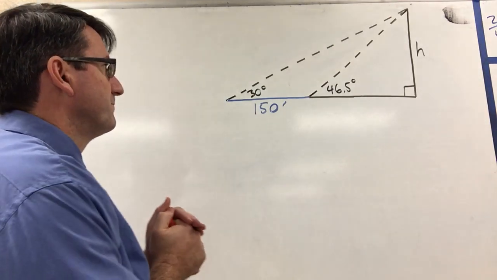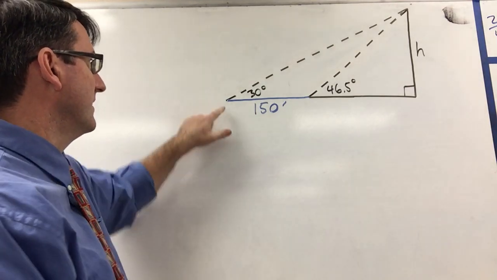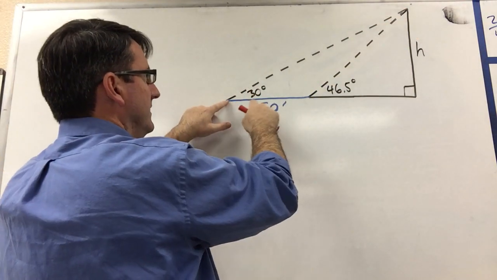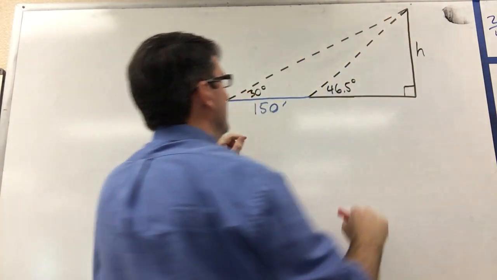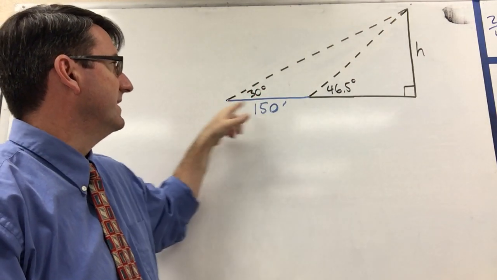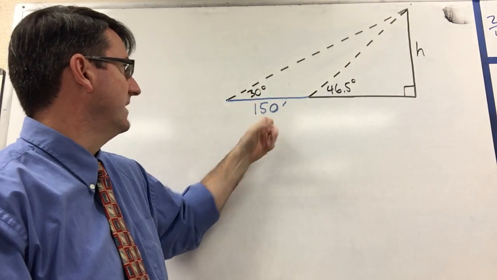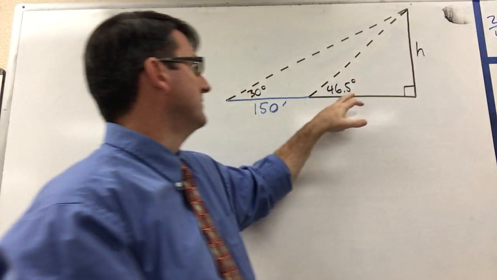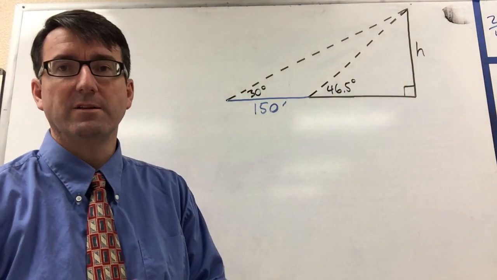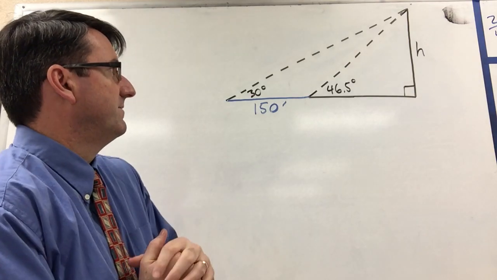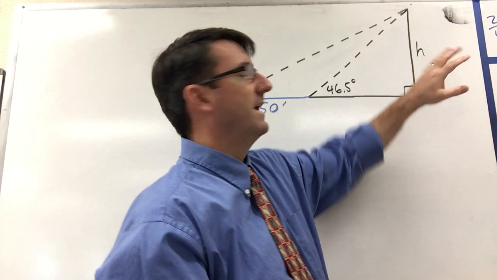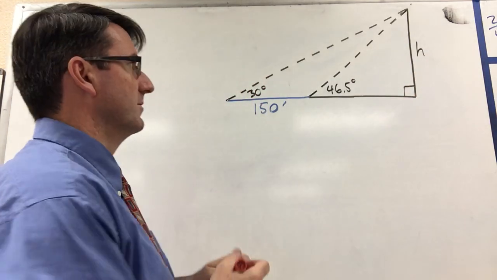All right, so we started at the goal line. He found that the angle up to the roof was 30 degrees. And then he went to midfield, so that's 50 yards, 150 feet. And he took another angle measurement, and he found the measure of that angle to be 46.5 degrees. Based on that, we want to find the height of the roof.